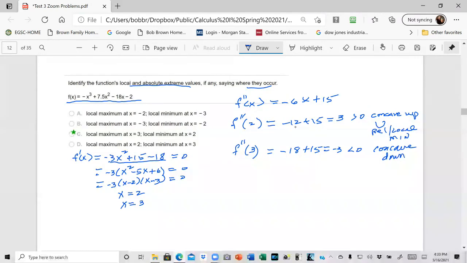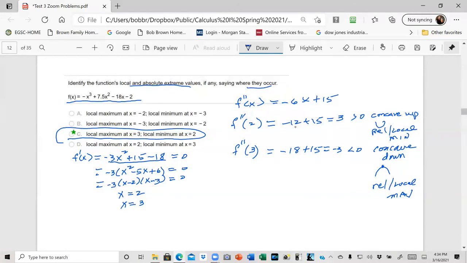And I always draw a little upside down parabola, which means that it's a relative or a local max. And that answer is answer C.